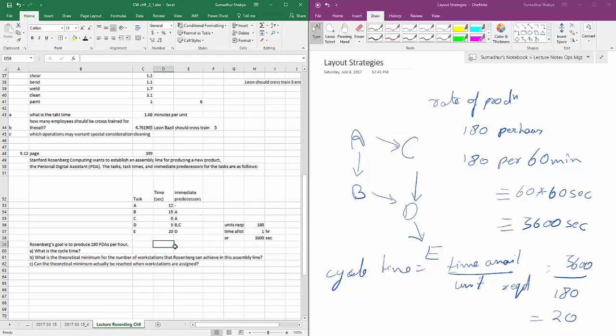Therefore cycle time would be 3600 divided by 180. So this is in seconds per unit.